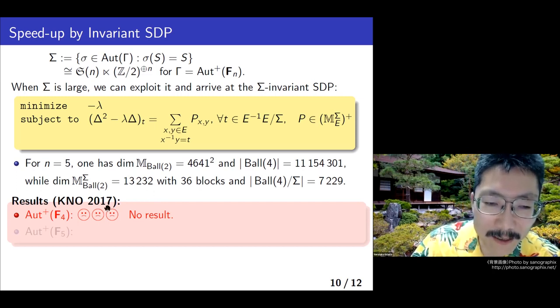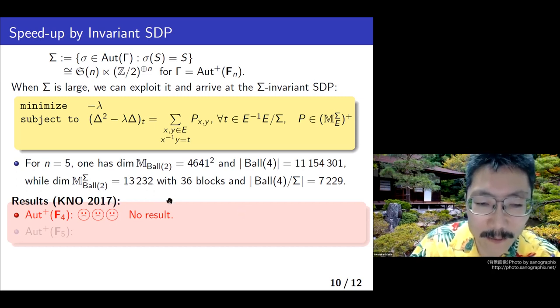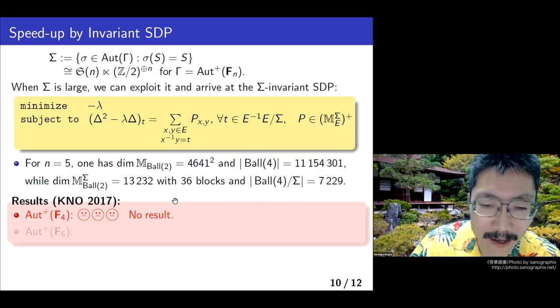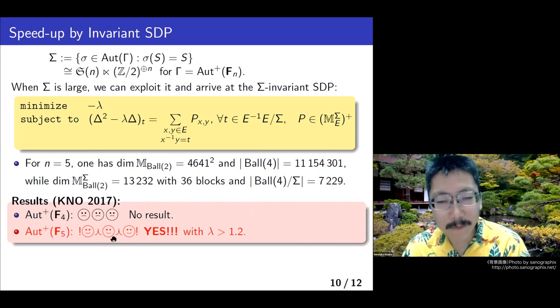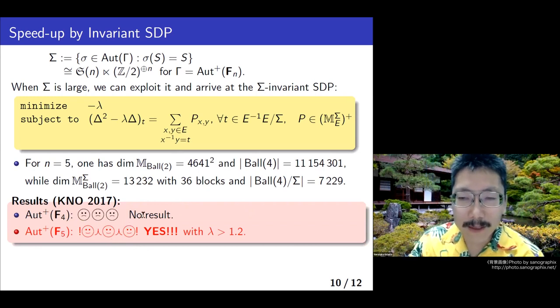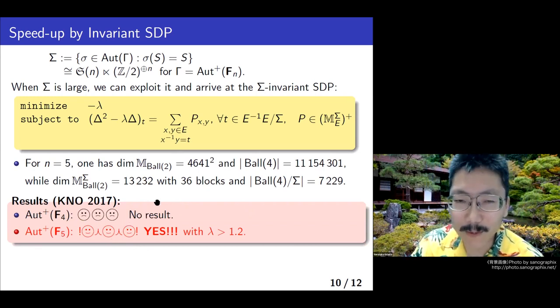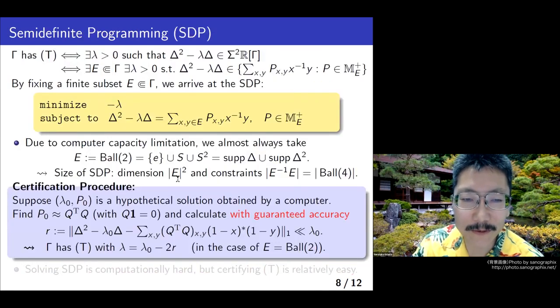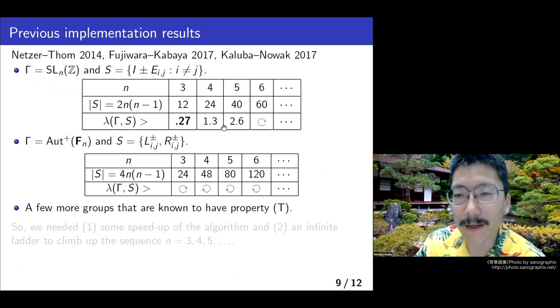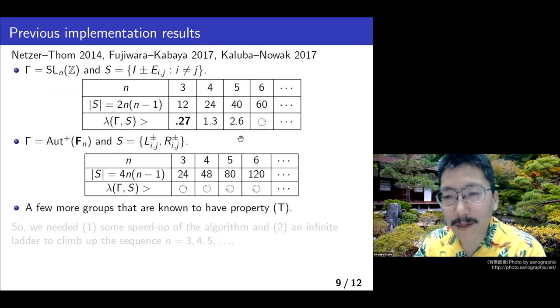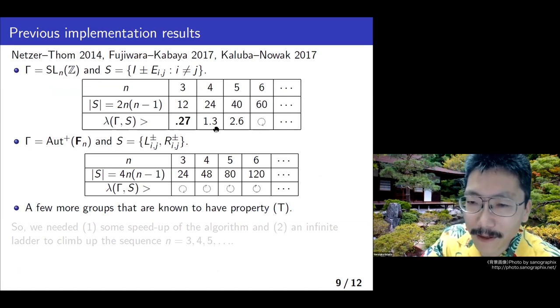We were lucky that these people, Kaluba and Nowak, had the guts to proceed to n equal 5, because we knew that when n is larger, property T is easier to prove. Maybe, or it might be you need larger computer power, but it's easier.